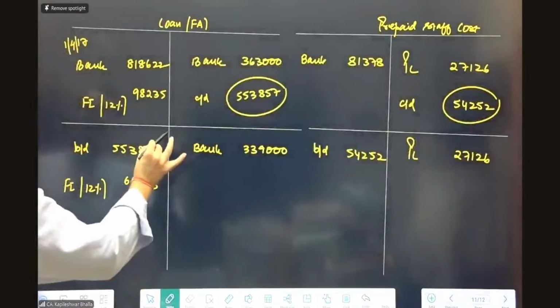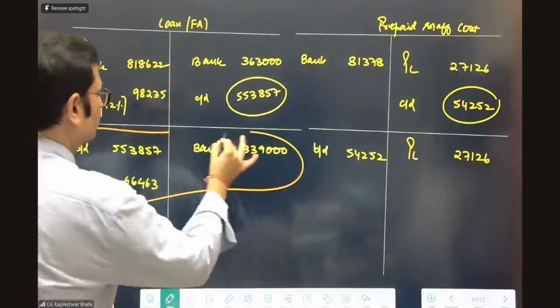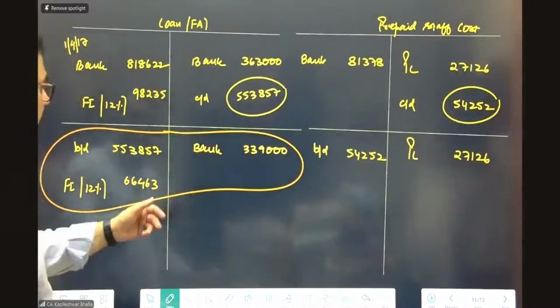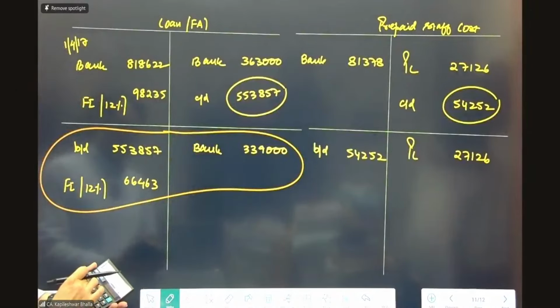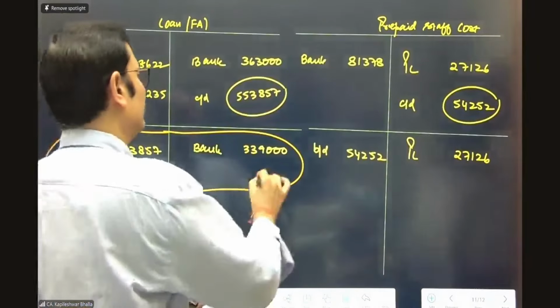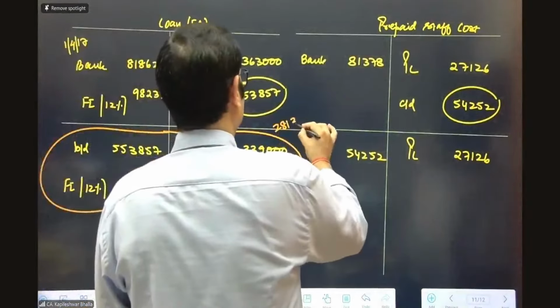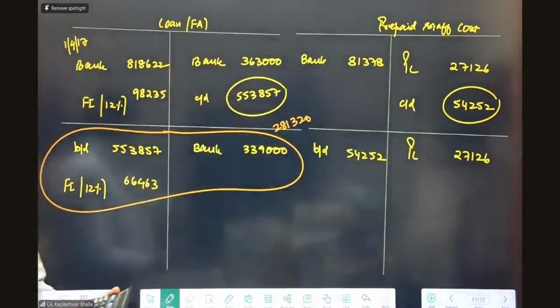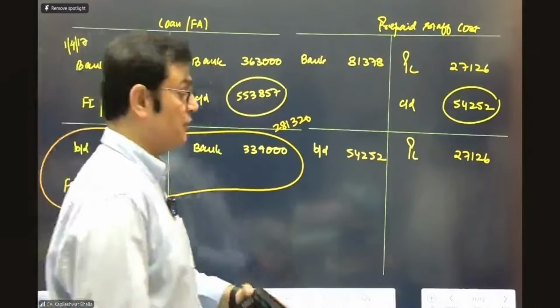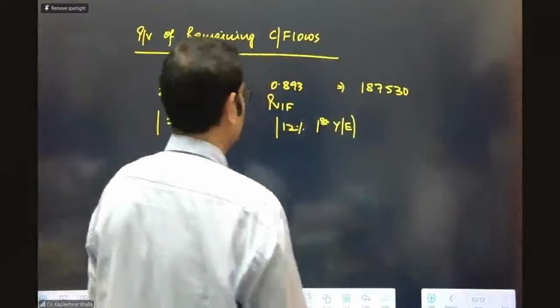We need the balance at this stage. 553,857 plus 66,463 minus 339,000. The balance at this stage is 281,320. So we need to get the balance in the ledger account at this stage, 281,320.